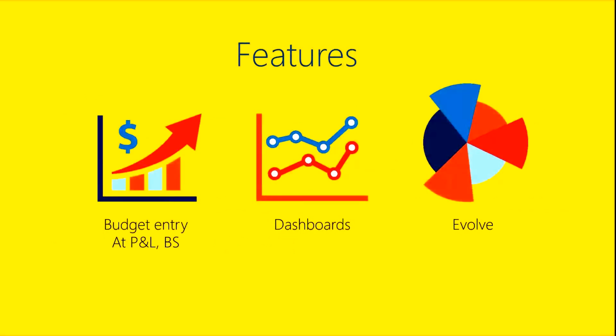The other features as well is that if you're looking at the way in which we go through, I suppose, the starter pack, we have designed it for the budget entry at the P&L balance sheet at the intersection of chart of account cross-sections with your dimensions.